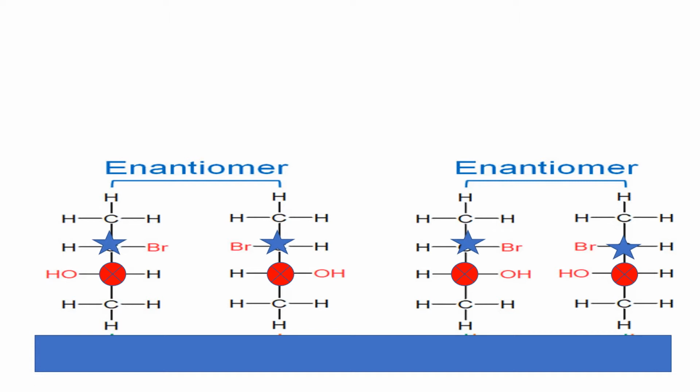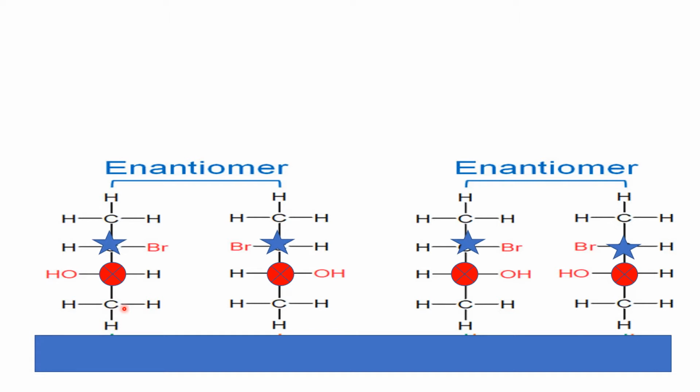See here, I have a compound with four carbon atoms. Out of these four carbon atoms, the first carbon atom and the last carbon atom are not asymmetric. We know an asymmetric carbon atom is a carbon atom in which all the four substituents or groups attached are different.